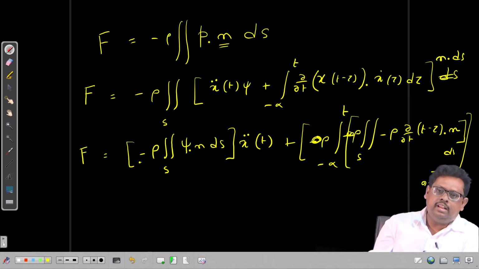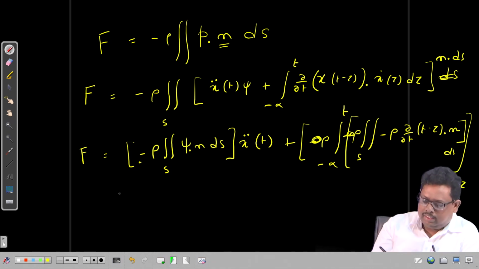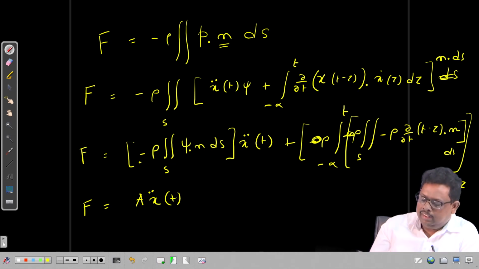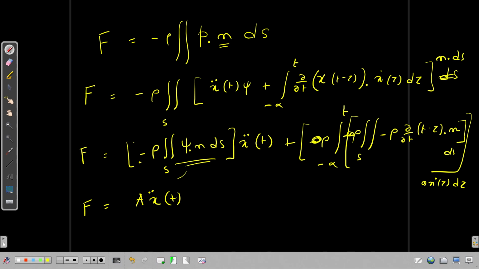Now, why am I doing it? I am doing it because I need to write this term as an added mass multiplied by the acceleration. Here this term I can call the added mass A. Similarly, the term inside this surface integral I can call the damping term, B of T minus tau, the whole thing.